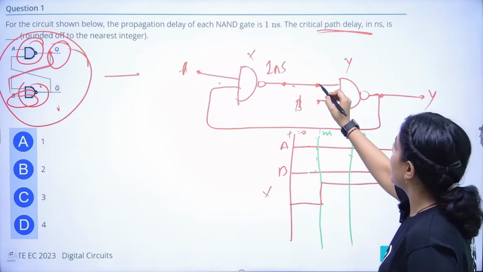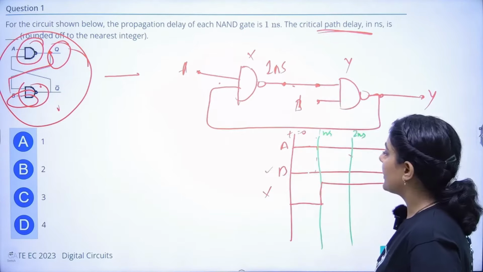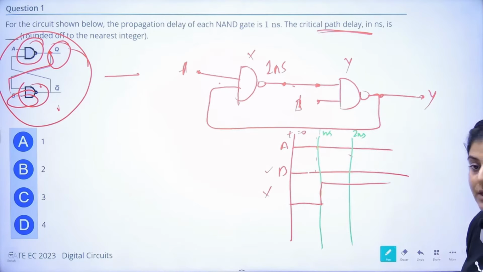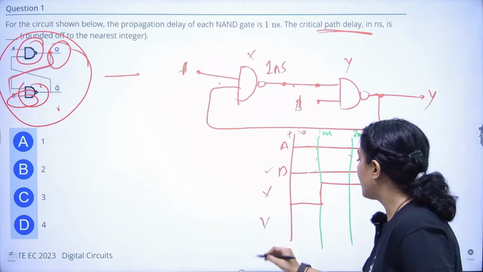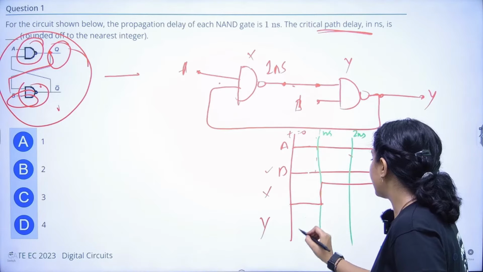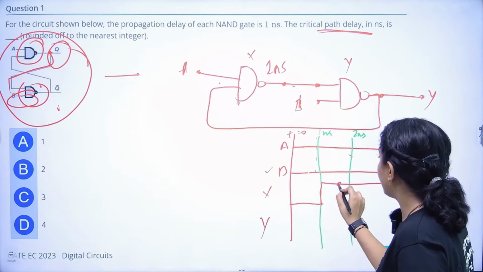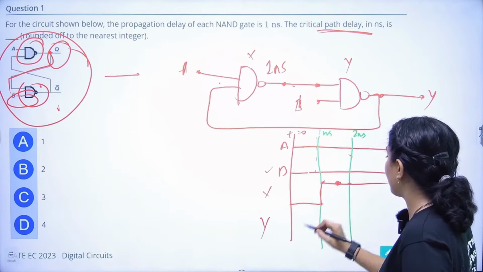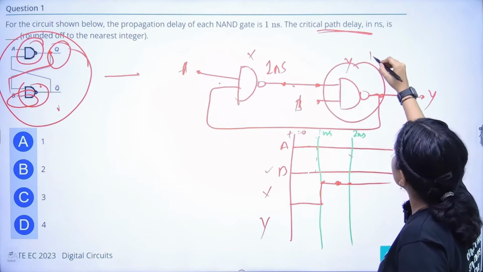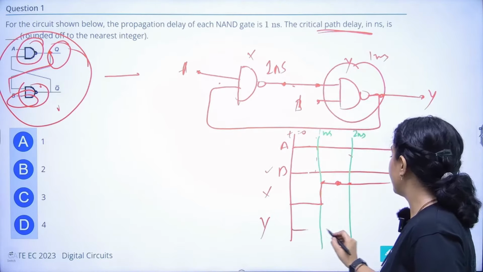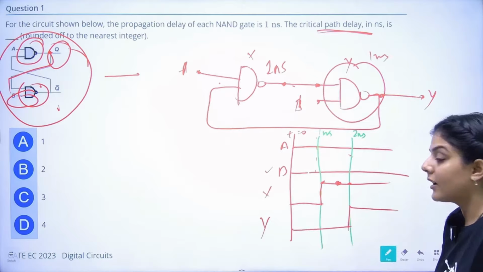After how much time will it get it? So B is operated from t equals 0 only, right? If we talk about Y, it will start getting the output at this particular moment after 1 nanosecond, and it will also take 1 nanosecond in order to give the output. So it will take another 1 nanosecond.